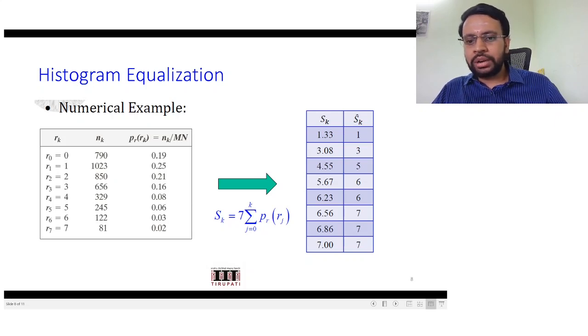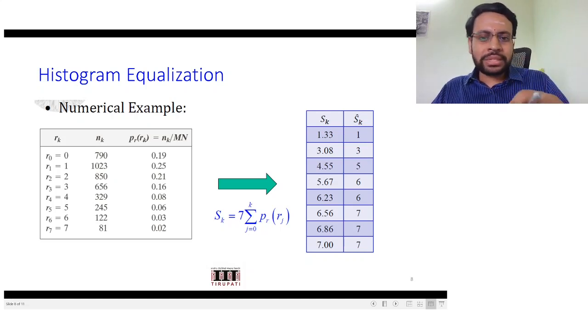So 0.19 multiplied by 7 gives me 1.33. So the 0 value now gets mapped to 1. Similarly, suppose I would like to see where r equal to 1 would get mapped to. I sum 0.19 plus 0.25, multiply it by 7, and get 3.08. Then the nearest integer is 3.